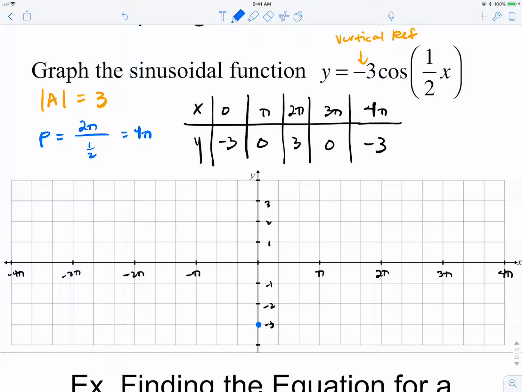So we have 0, negative 3; pi, 0; 2 pi, 3; 3 pi, 0; and 4 pi, negative 3. And then we can extend our graph.